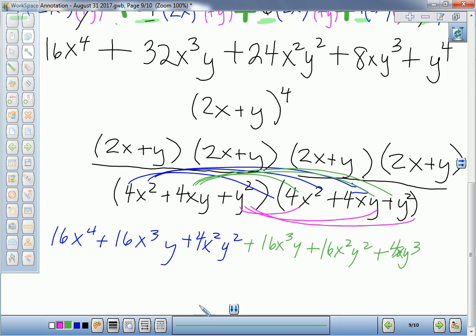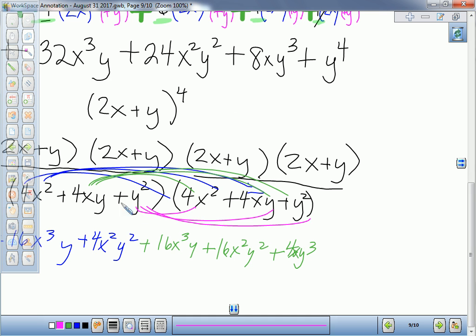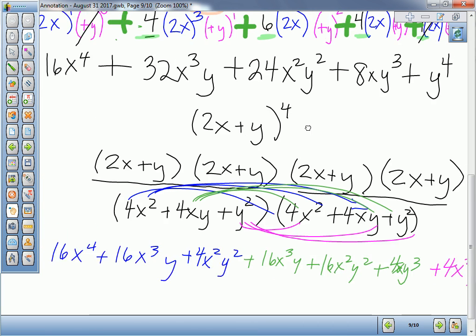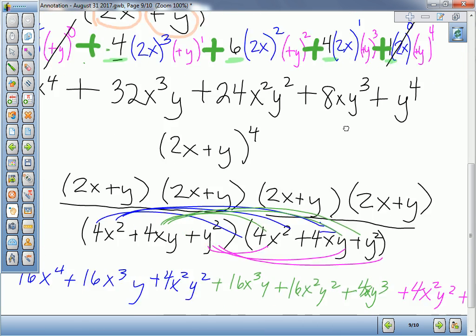Then I'd have to do this one. I'm out of room. I'll have to go this way. And then I'd get 4x squared y squared, and then 4xy cubed, and then y to the 4th. Now I gotta add like terms in this little line.